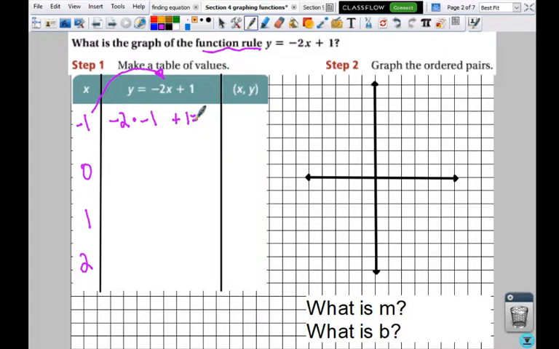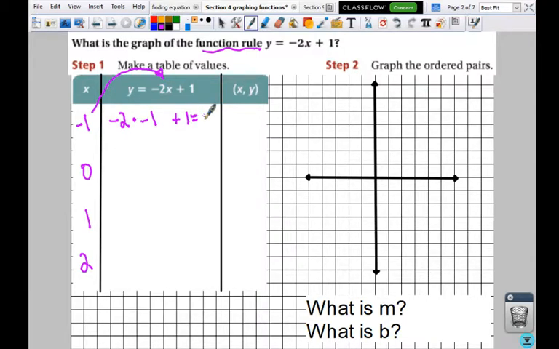You know, I didn't give you a ton of space, so sorry for that, but I'll try to squeeze our answers in. So what I'm going to do is I'm just going to plug this whole thing into Desmos. So I'm going to go -2 times -1 plus 1, straight to Desmos. And I plugged this whole thing in, and I got 3.